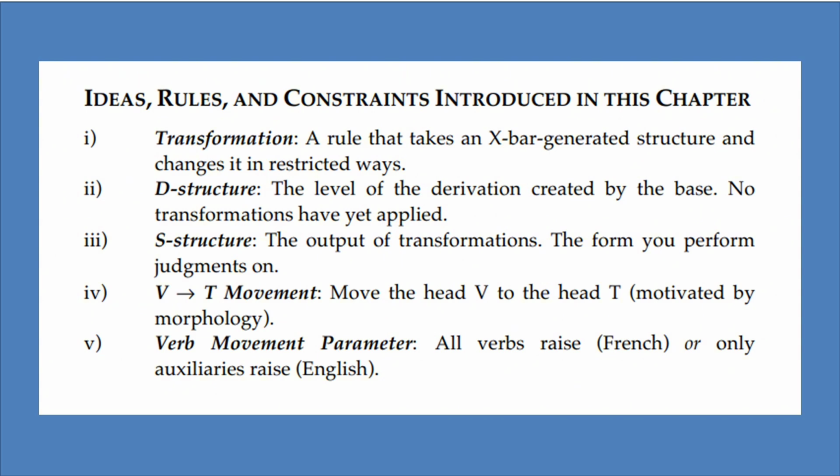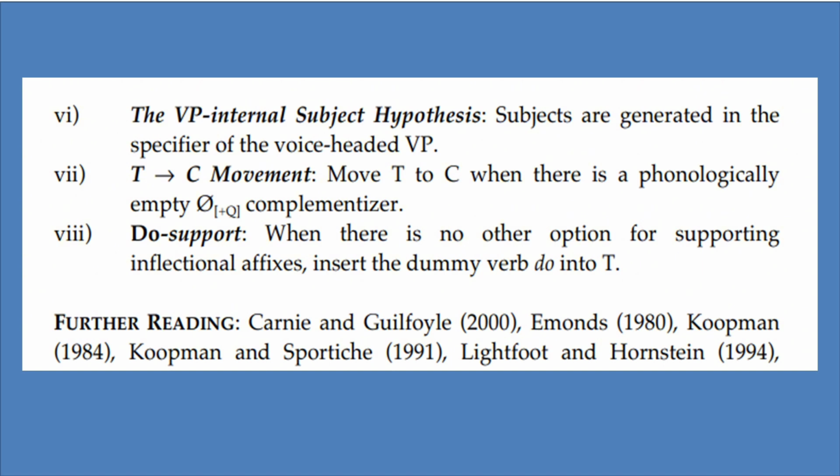Verb movement parameter: all verbs raise, French, or only auxiliaries raise, English. The VP internal subject hypothesis: subjects are generated in the specifier of the voice-headed VP. T to C movement: move T to C when there is a phonologically empty complementizer. Do support: when there is no other option for supporting inflectional affixes, insert the dummy verb do into T.